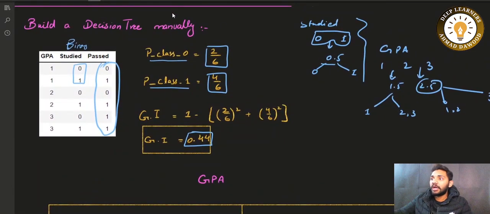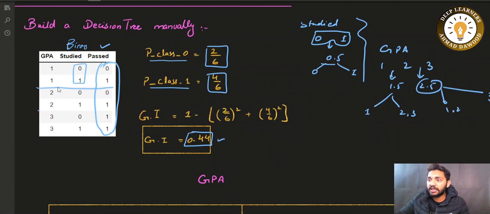As I told you in the start, we will calculate the Gini impurity of our target variable, which we have calculated as 0.44. Now we will first explore our GPA column. In the case of the GPA column, we will have two possible split values, the possible places where we can split our data set.